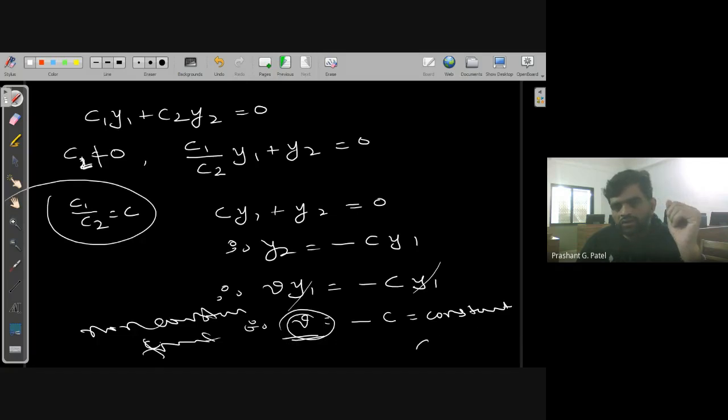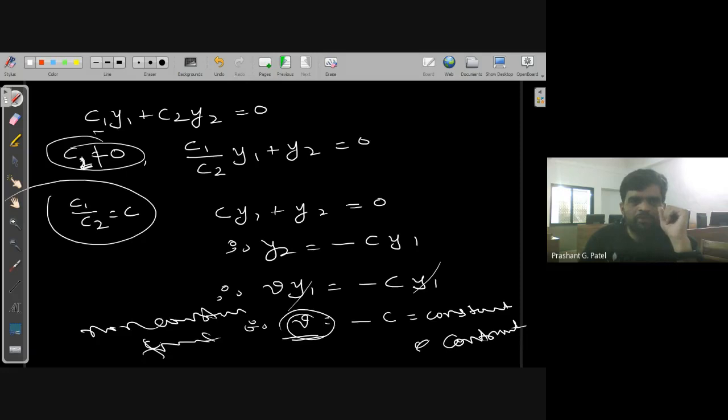This is a contradiction. Due to this contradiction, c2 can never be non-zero. So that means c1 and c2 both of them are 0. Since both of them are 0, we can say that y1 and y2 are linearly independent. If any one of them were non-zero, then they would be dependent, as I told you. So this proves the statement of this theorem.